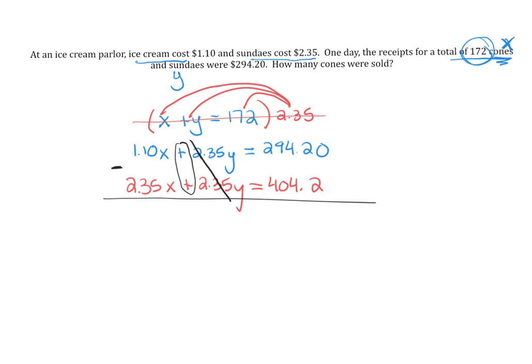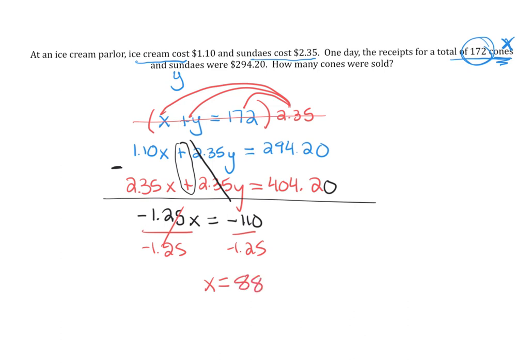So $1.10 minus 235 is negative 1.25x equals 294.20 minus 404.20 is negative 110. So now I can solve for x. Divided by 1.25. And we should get that x equals 88.